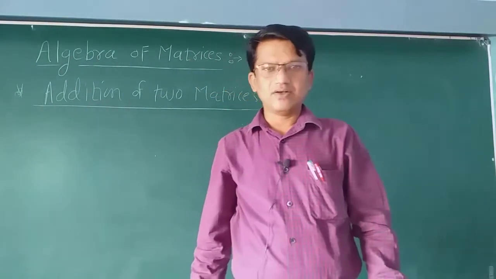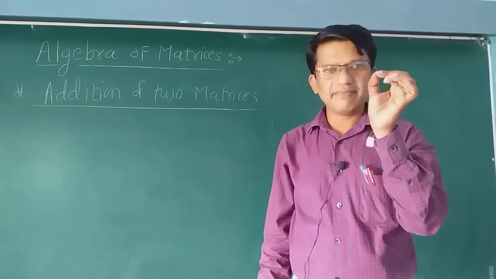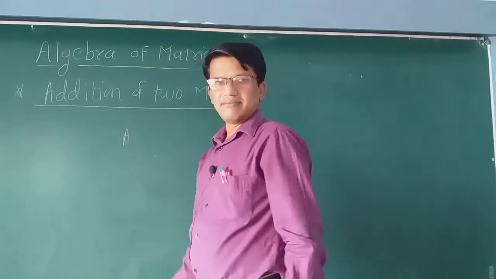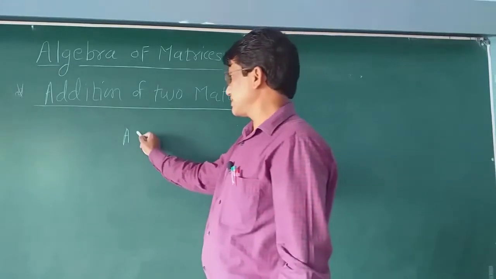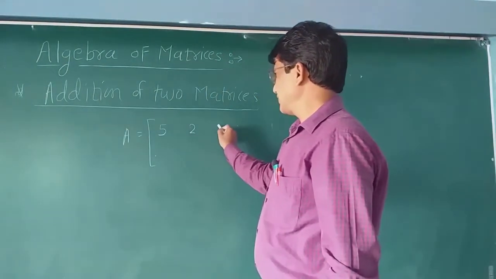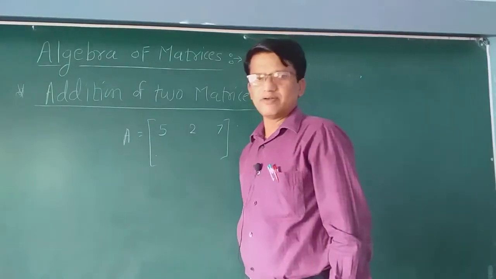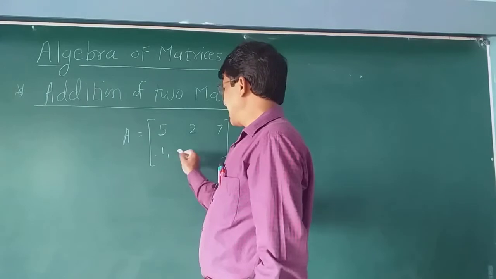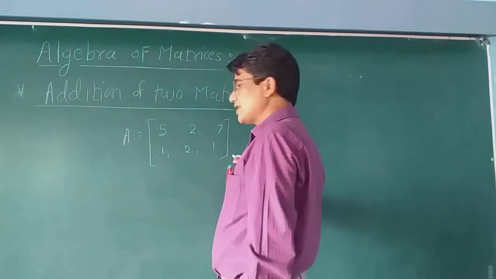Let us discuss now. Suppose a matrix A is given like this: 5, 2, 7 in the first row, and second row 1, 2, 1. What is the order here?